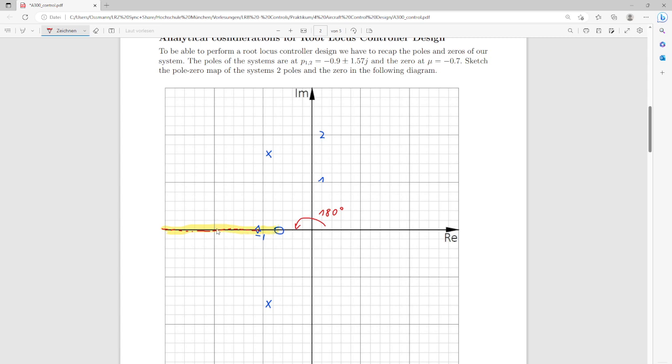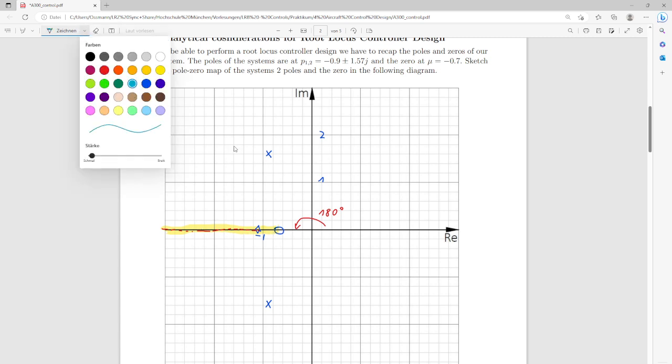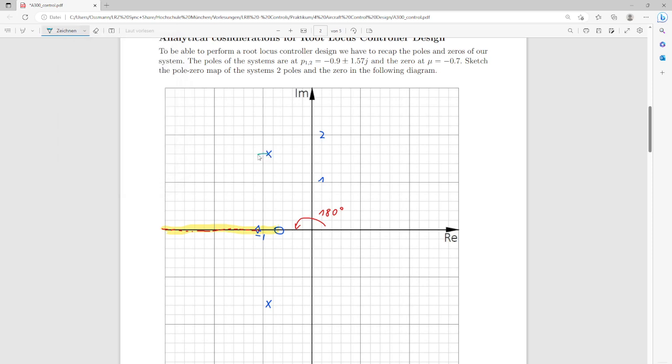Well, if this whole part needs to be part of the root locus curve, obviously these guys here need to come down. And if we assume we have a pure velocity feedback, then this comes down roughly in a circle. So something like this around the origin, and this goes up here.